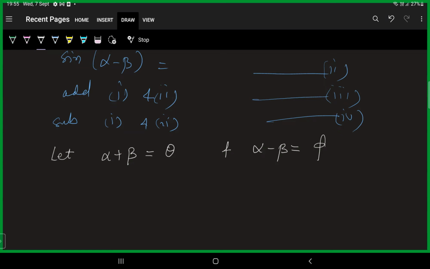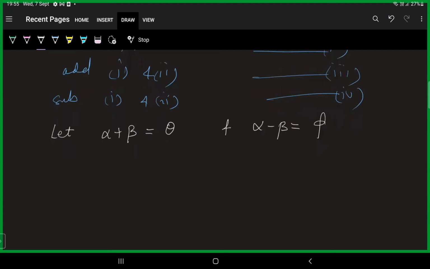It's a dummy value. We call it a dummy value. Now what you'll get? Find alpha and beta from here. You have two expressions, right? This and this. What will be alpha? What will be beta? Write alpha and beta in terms of theta and phi. Do it fast.